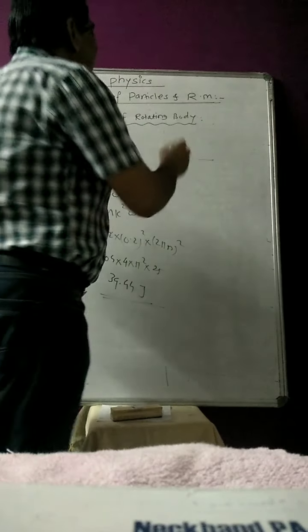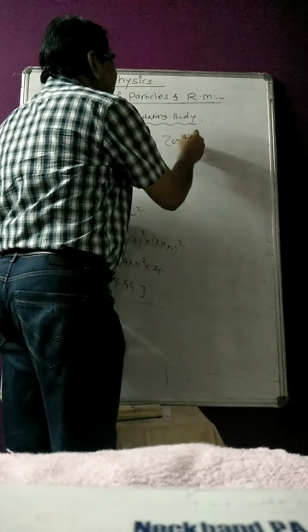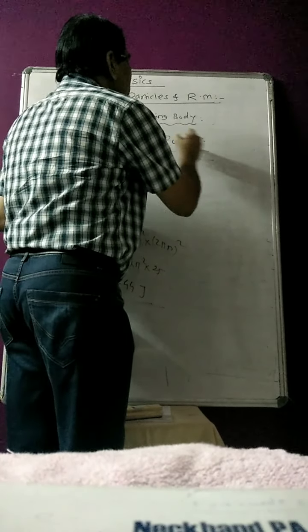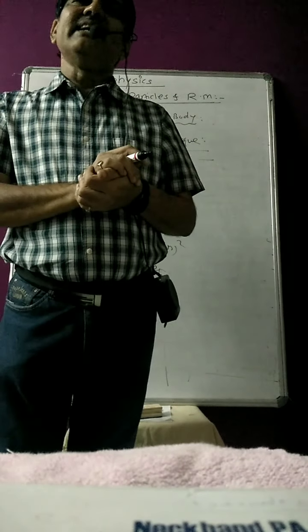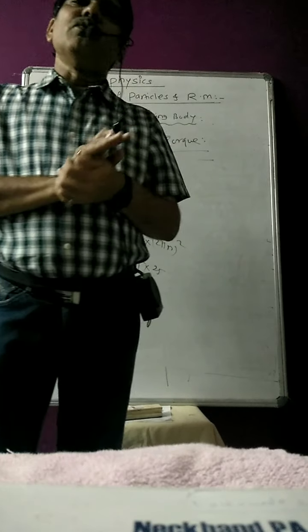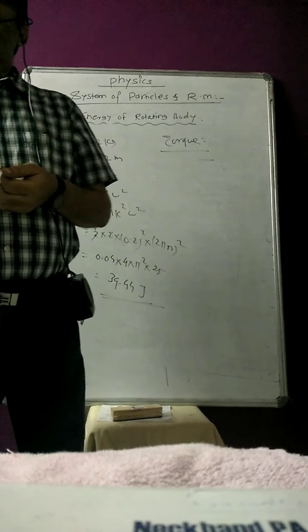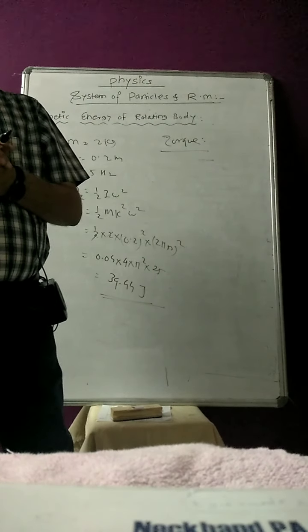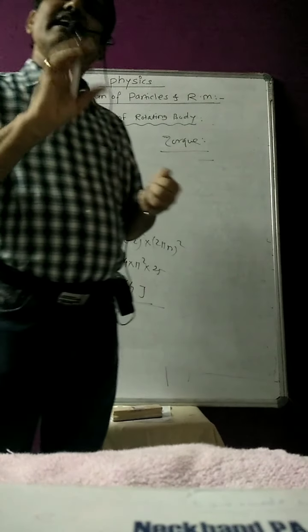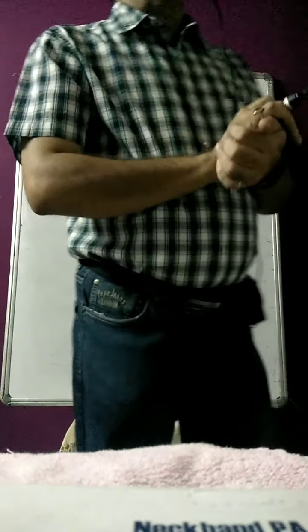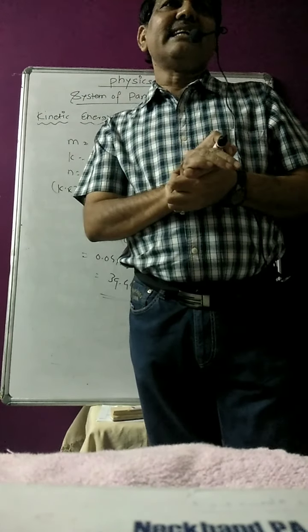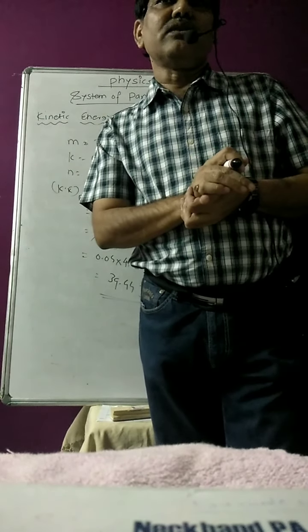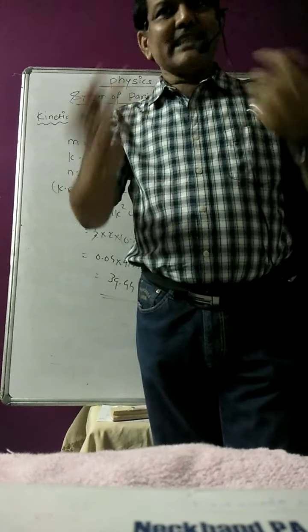Torque is the moment of force, the force into the perpendicular distance from the axis of rotation. It is the turning effect of force in rotational motion. How it acts on the body, all these things we will see next period.